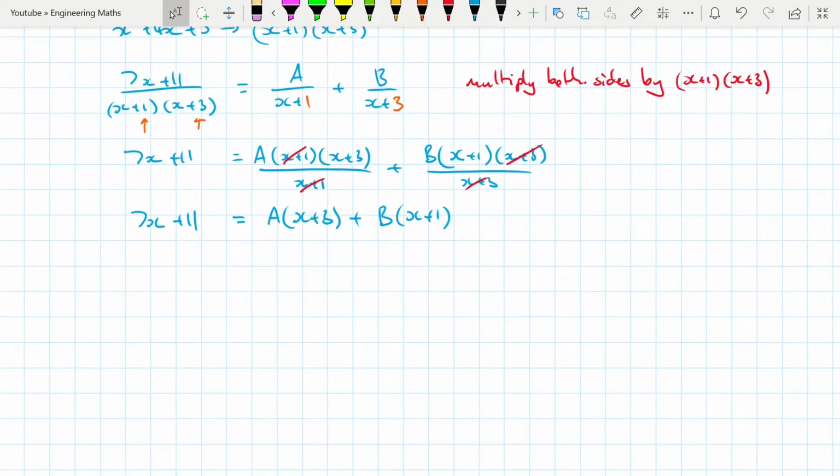There are multiple ways to go around solving this, but the way that I find easiest is to substitute in values to zero out the A or the B. You'll see what I mean.